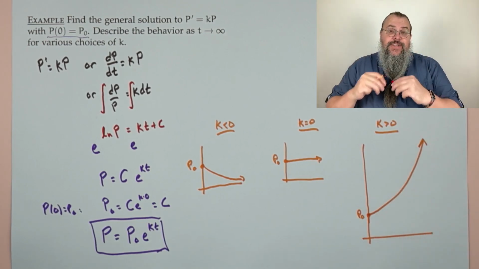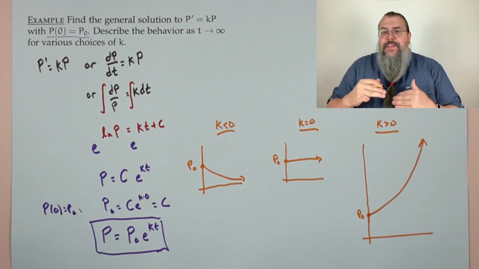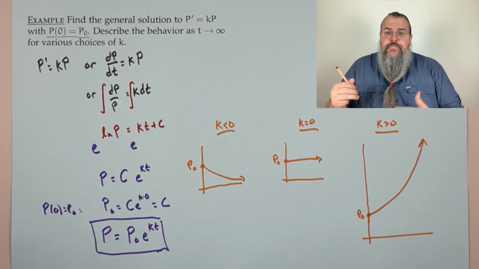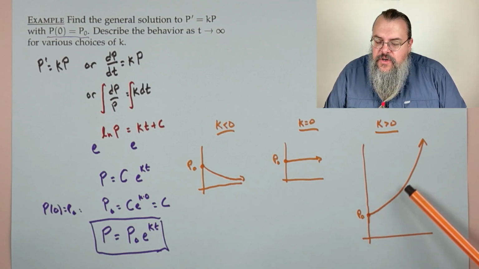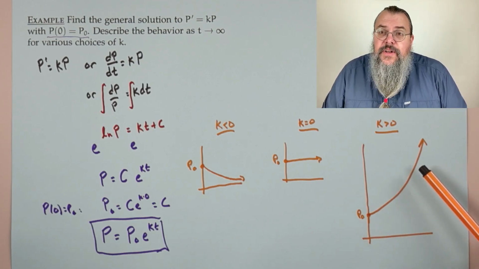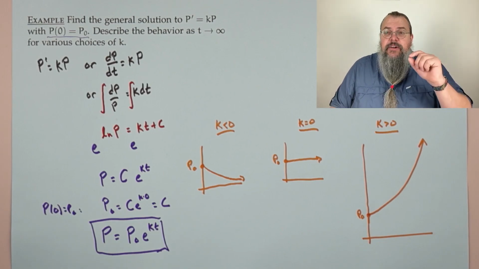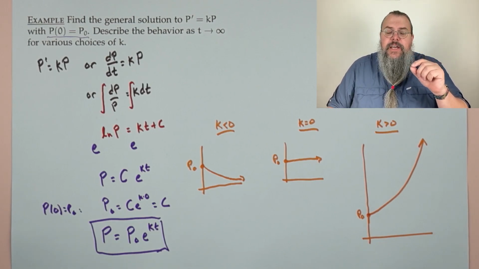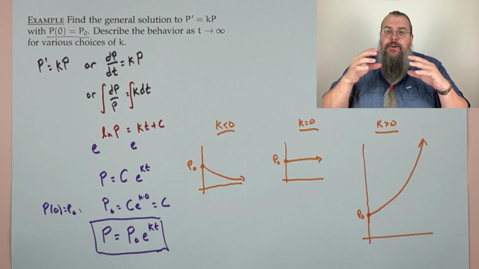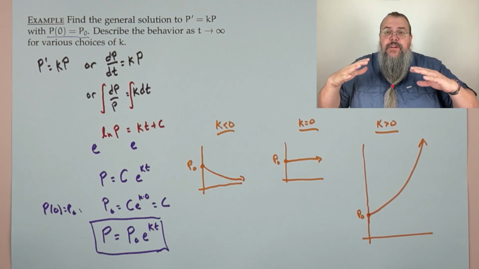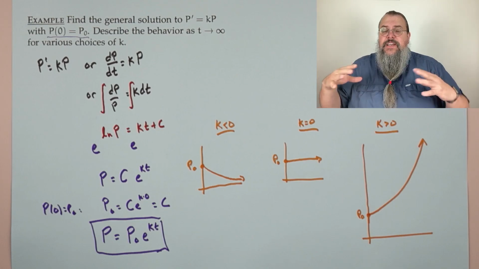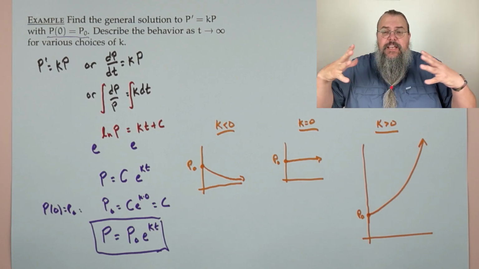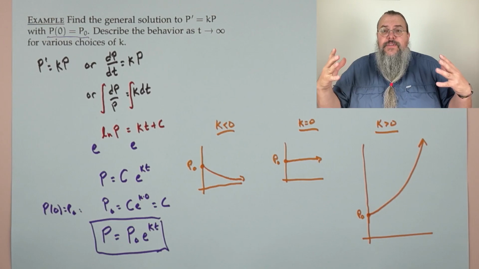Now, I mentioned this may not be realistic. Why not? Well, this says you're going to just grow without bound. You can imagine bacteria subdividing. Initially, yes, they grow very quickly, but then there's a problem. There are environmental limitations, and they can't keep dividing anymore because they've run out of resources.